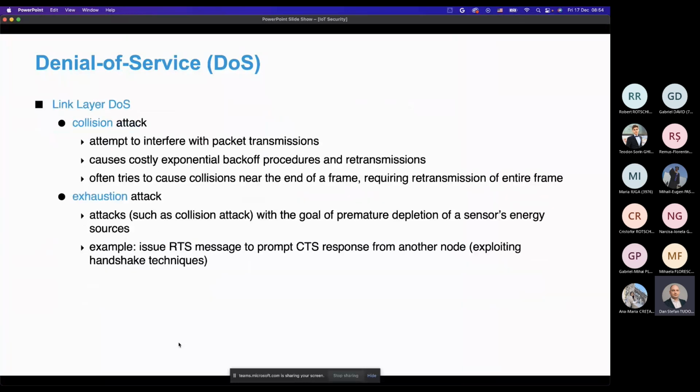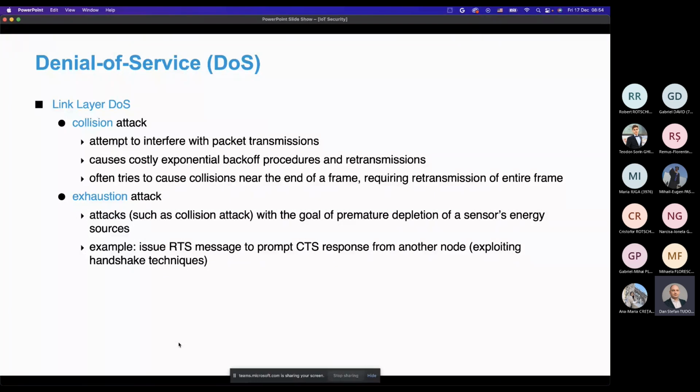You have then link layer denial of service attacks. So as we move up through the hierarchy, we come to collision attacks, for example. This type of attack attempts to interfere with packet transmissions.